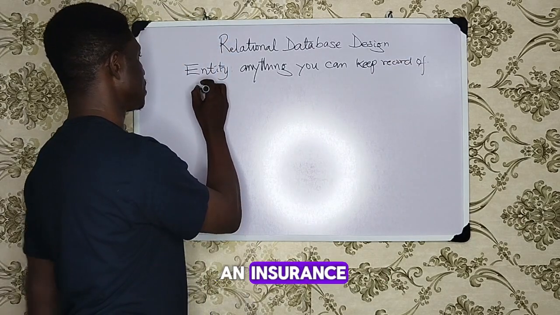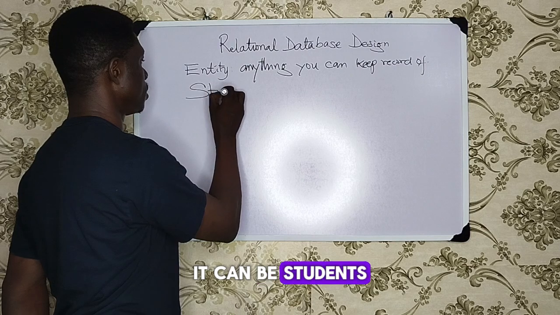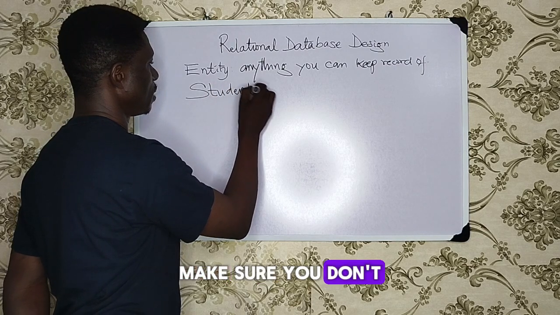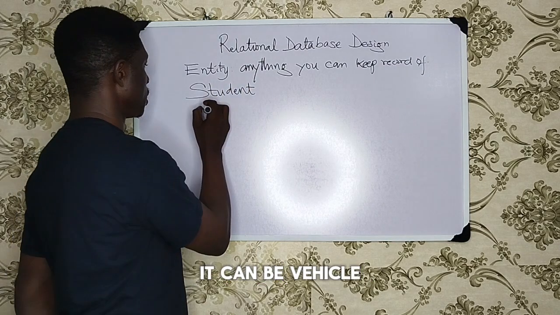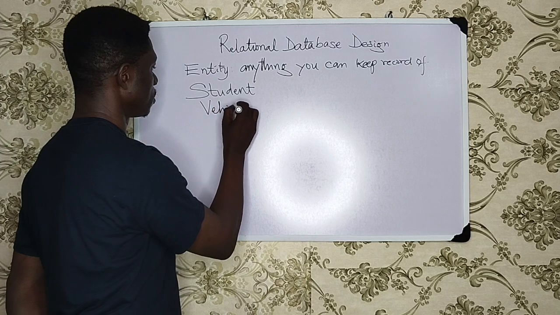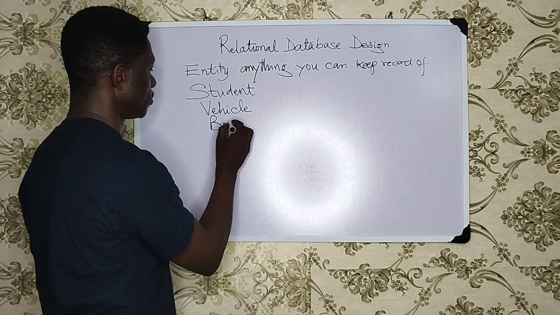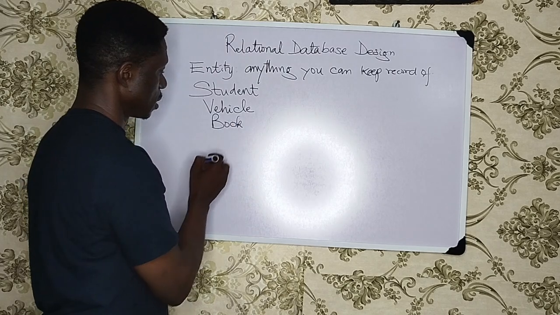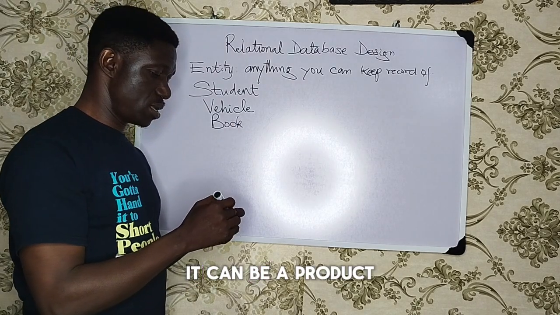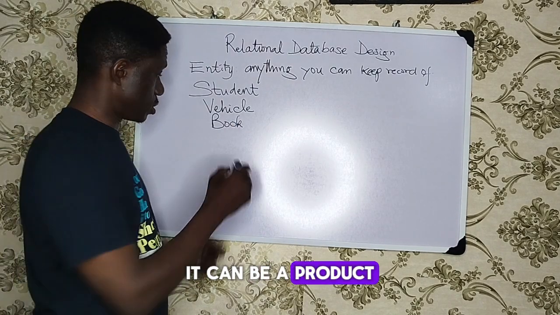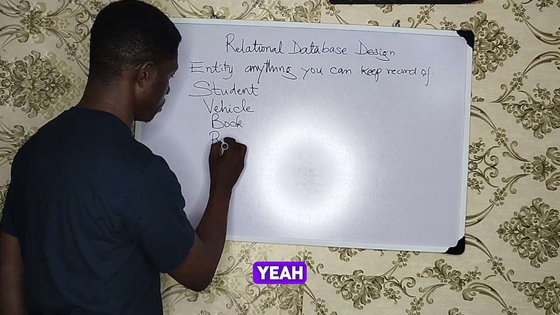So we gave an instance. It can be student. Make sure you don't make it plural. It can be vehicle. It can be book. It can be product.